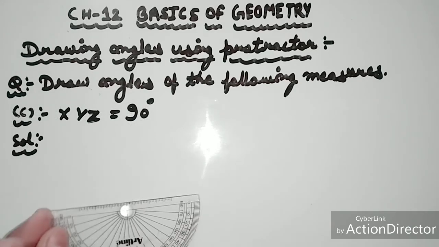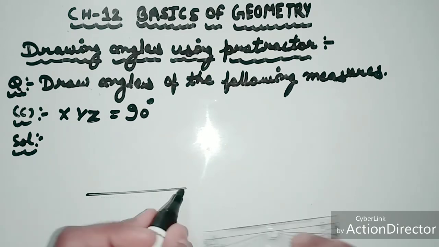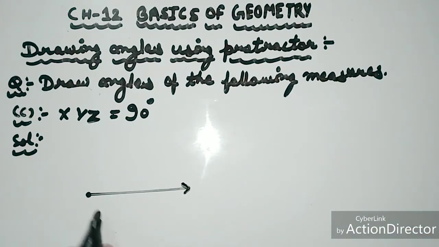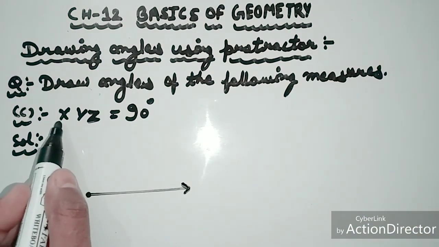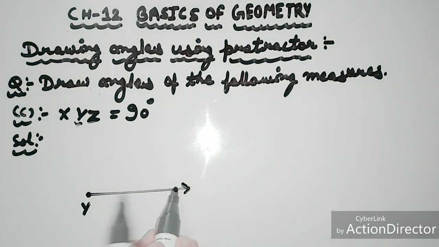Now here we make a 90 degree angle. First we draw a ray, and because X, Y, Z, Y is the vertex here, we write Y here and make a point on this ray and give the name Z. Now we make a 90 degree angle.